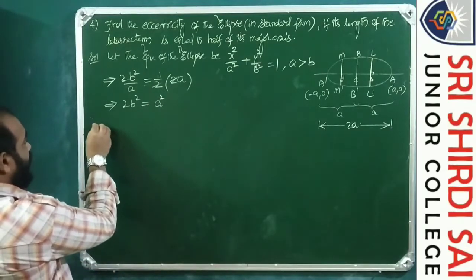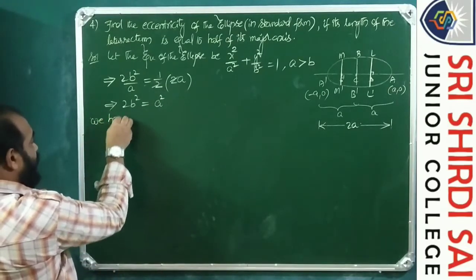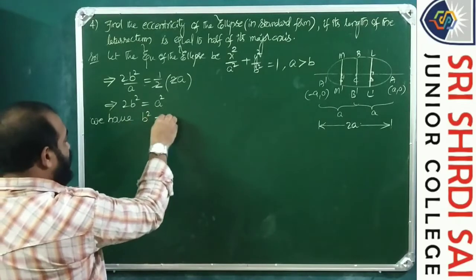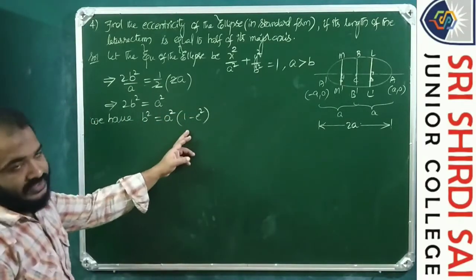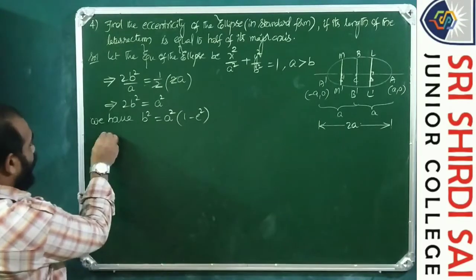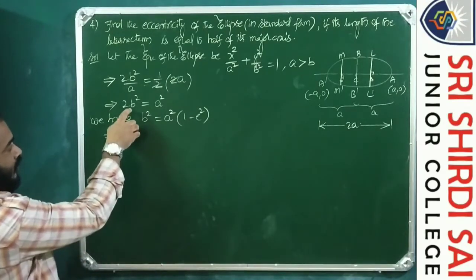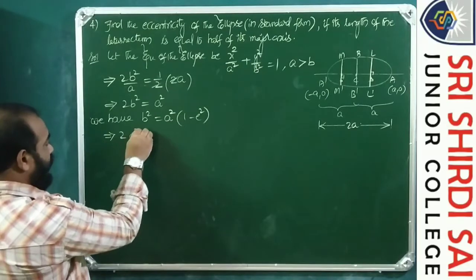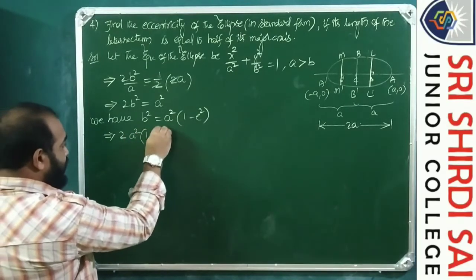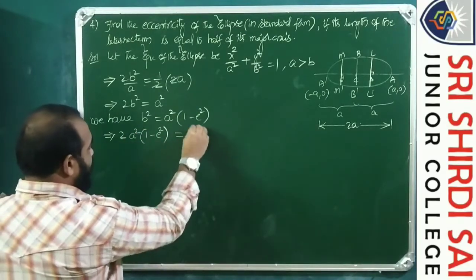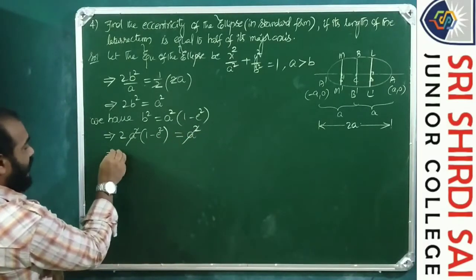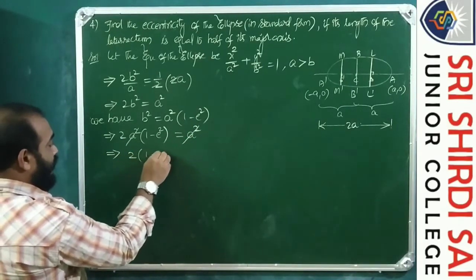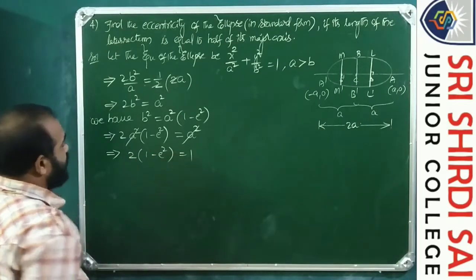So we have B square is equal to A square into 1 minus E square. This condition we have, so you apply this condition. In the place of B square, substitute A square into 1 minus E square, equal to A square. So A square gets cancelled. So 2 into 1 minus E square equals 1.